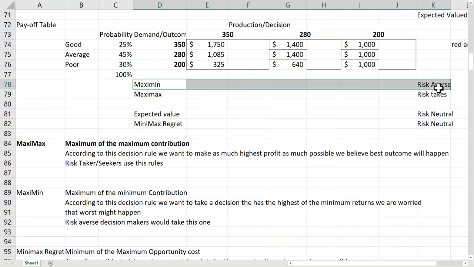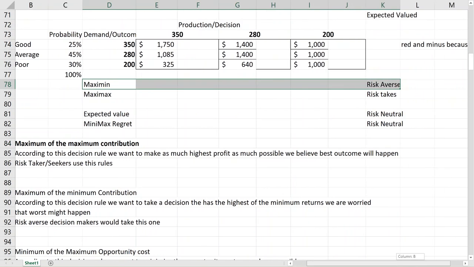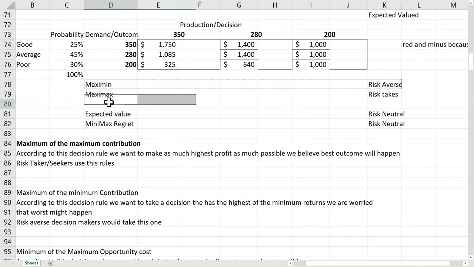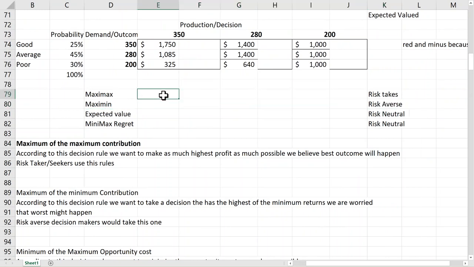So let me bring this down and answer Maximax. If we look at the maximum output of 350 decision, it is 1750. If we look at the maximum output here, it is 1400. If we look at the maximum output here, it is 1000. So what is maximum of the maximum?